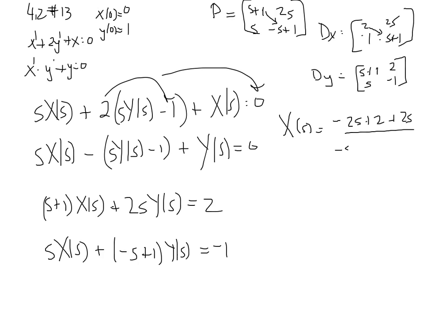That's minus s squared. Then I'm going to have a plus s and a minus s on the outside. Those are going to reduce out. Plus 1. And then I multiply diagonally the other way. That's minus 2s squared.